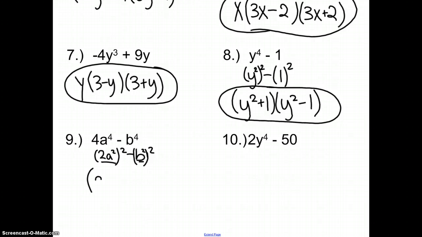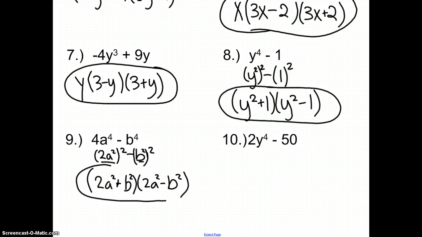So then we have 2a plus, 2a minus, and we just plug in our b squared. Oops, our a's should be squared as well. So our solution is 2a squared plus b squared times 2a squared minus b squared.